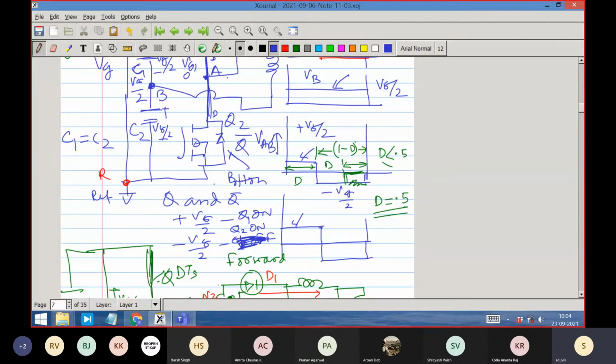So you see that if they are complementary, I cannot assure it in general. I can assure it only if D is equal to 0.5. Only then is it assured that the duration for which Q1 is on and the duration for which Q2 is on are equal, and they maintain volt second balance.